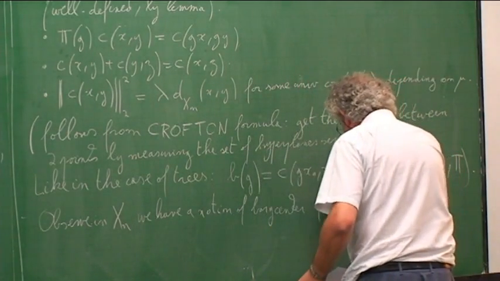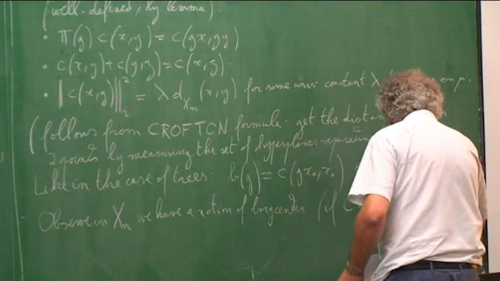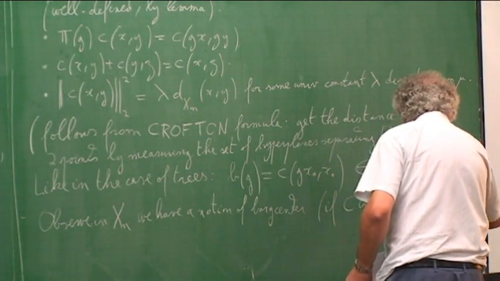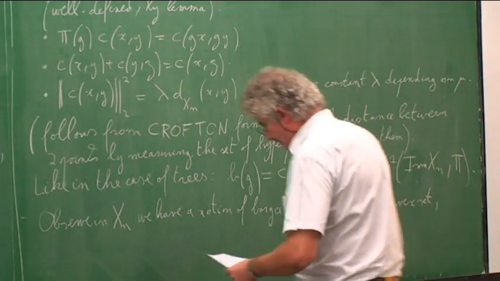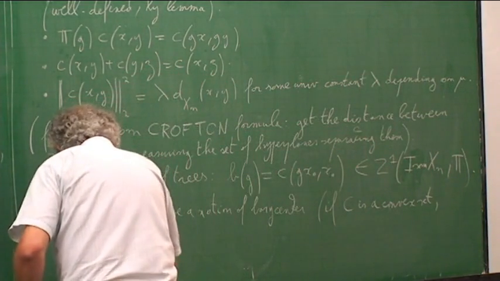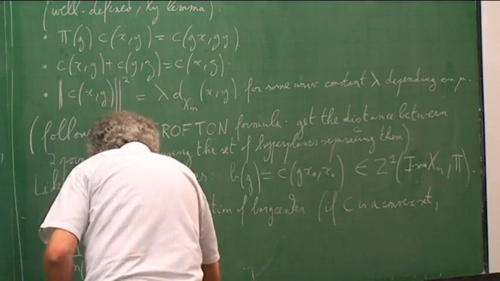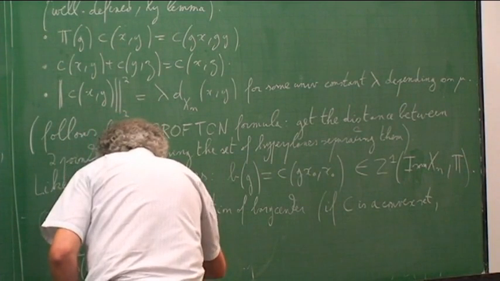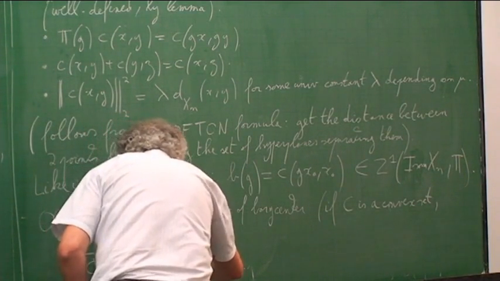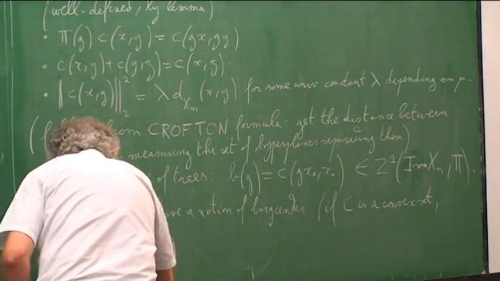If C is a convex set, meaning geodesically convex, then the barycenter is defined by an integral over C of phi d volume of p.